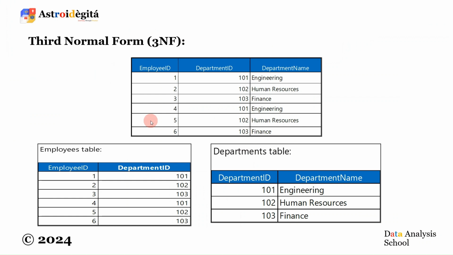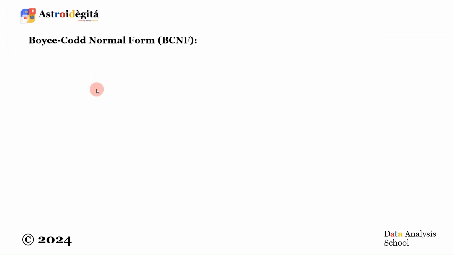Let us move to the Boyce-Codd normal form. A table is said to be in Boyce-Codd normal form if, one, the table is already in the third normal form, meaning it has no transitive dependencies, and a table has only one candidate key.